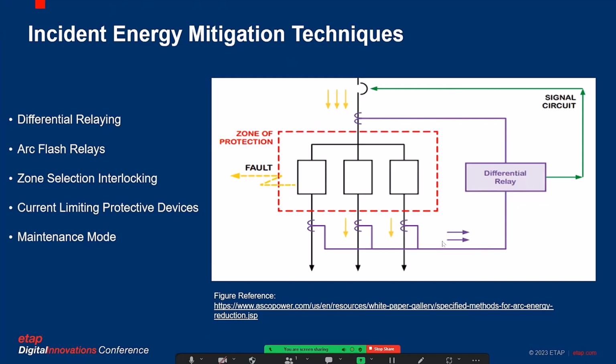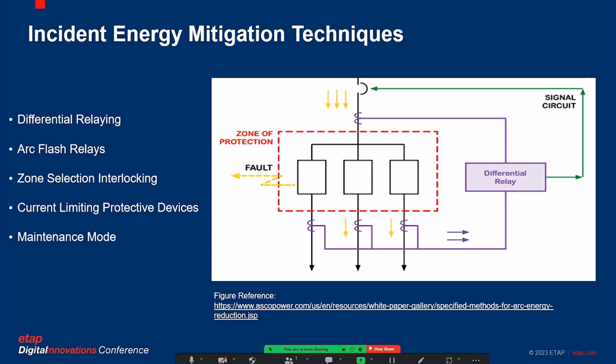And if a mismatch were to occur with those two different sets of currents, then the differential relay is noticing that there's an abnormal condition there. In other words, a bolted fault or an arcing fault condition, where the differential relay will then send a trip signal to an upstream protective device, such as a circuit breaker.